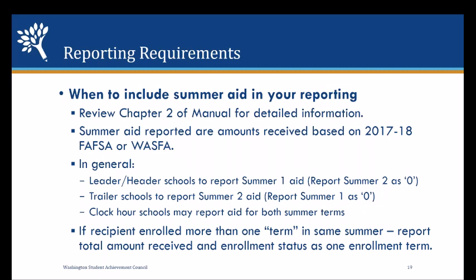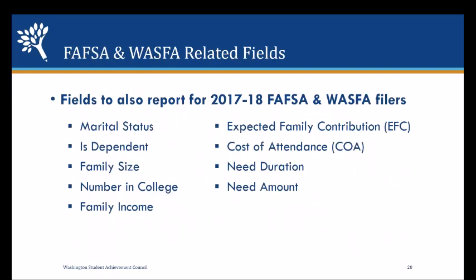So report those as summer trailing or Summer 2, and vice versa if Summer 1 is your lead. It's possible to have data for both summer terms if your institution elects to award money such as the workforce funds in the summer. Other fields that need to be reported for 2017-18 FAFSA and WASFA filers.